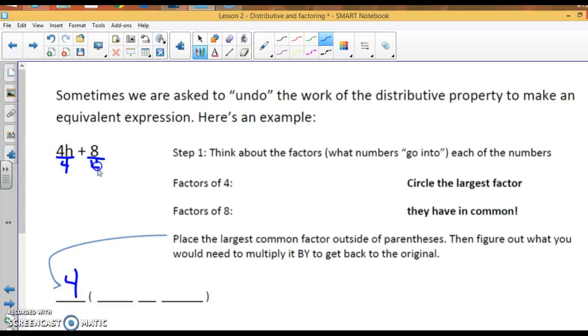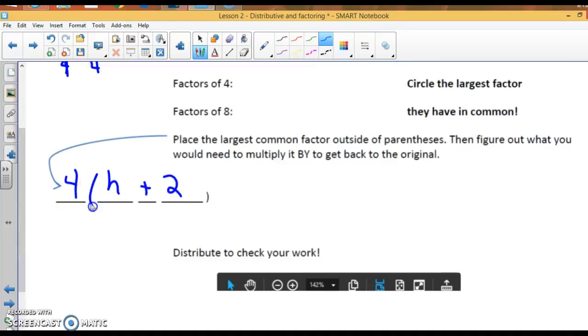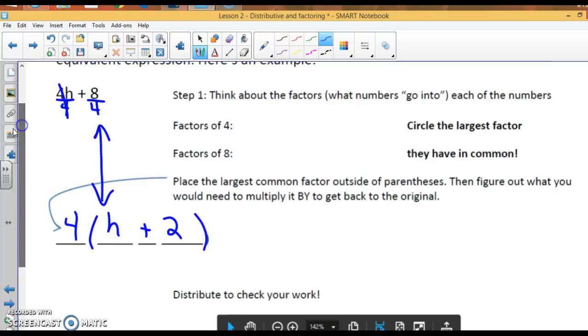And then what I'm really doing is undoing the distributive. In distributive, I multiply. Here I'm dividing. What's 4h divided by 4? 4 divided by 4 is 1h. So this is h. Positive 8 divided by positive 4 is positive 2. So this is the same thing as what we started with.